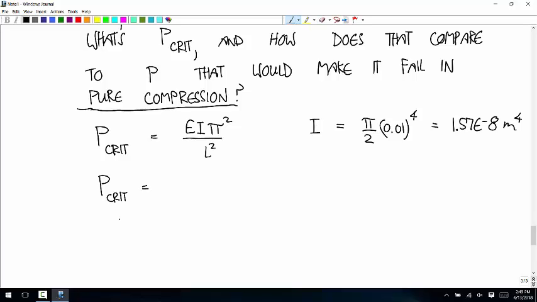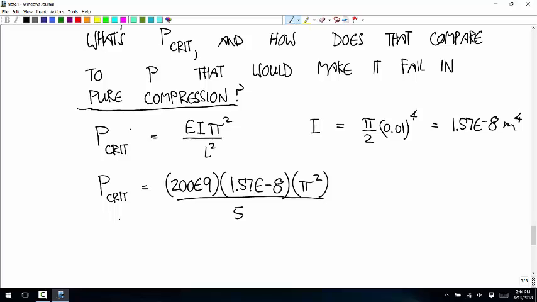So P critical is 200 times 10 to the 9 times 1.57 times 10 to the minus 8 times pi squared, which is 9 point something, divided by 5 squared.